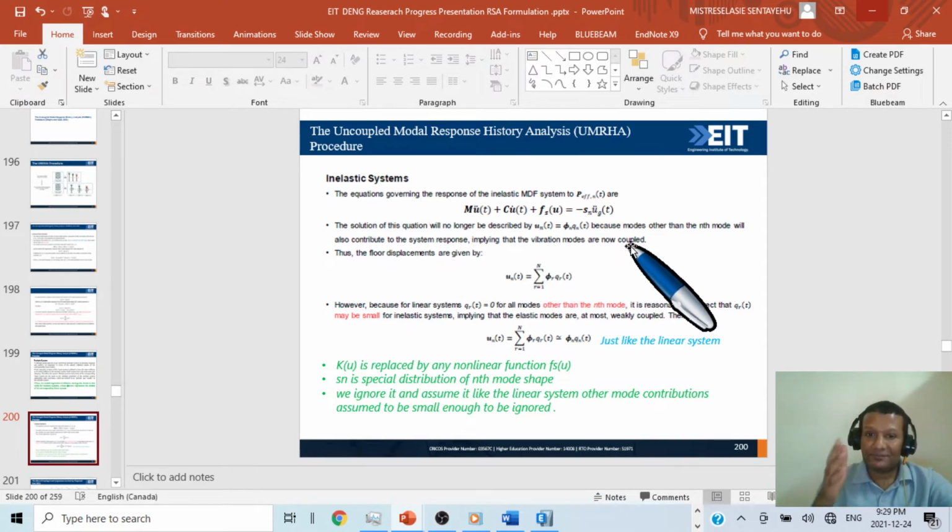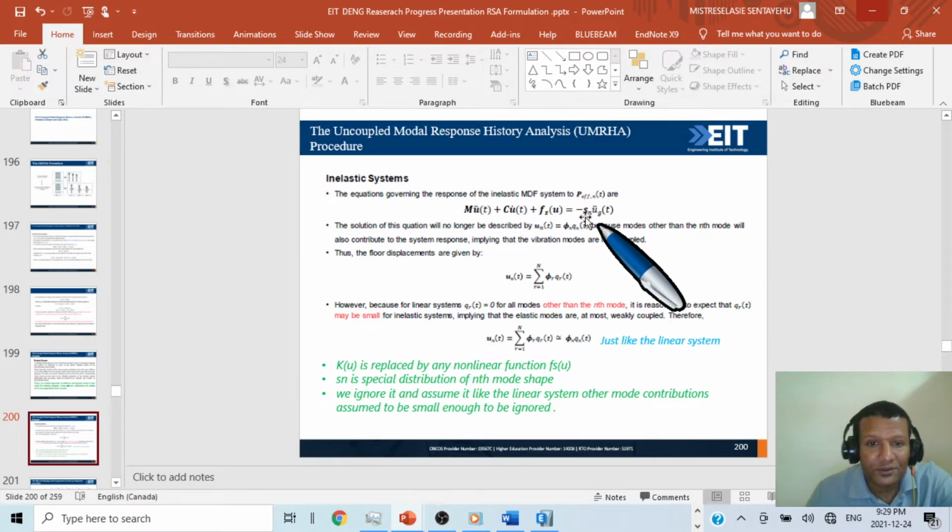So even if it is an uncoupled equation of motion, other than the nth mode, for example from other than the first mode, the second mode and the third mode have contribution. Because this is an inelastic system, the solution of this equation will no longer be described by this, because this is uncoupled.